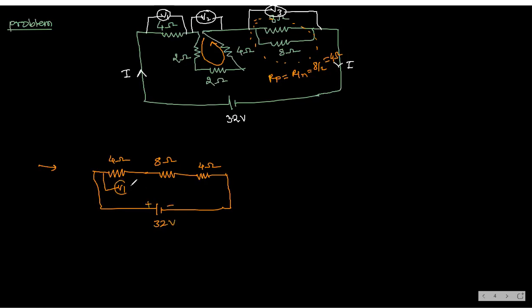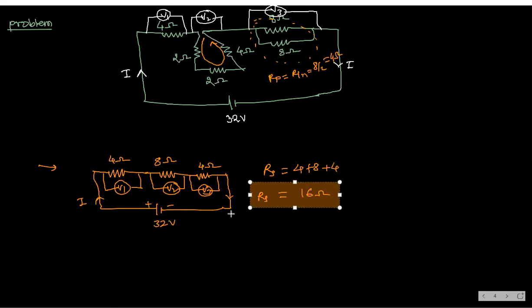Now you can do it yourself. I think it is very easy: V1, V2 and V3. So first find out the resistance. RS is equal to the total addition: 4 plus 8 plus 4 plus 8 plus 4, that is 16 ohm.